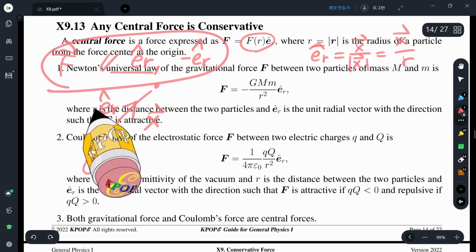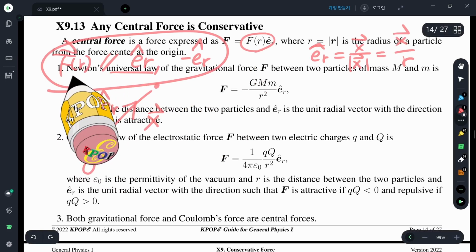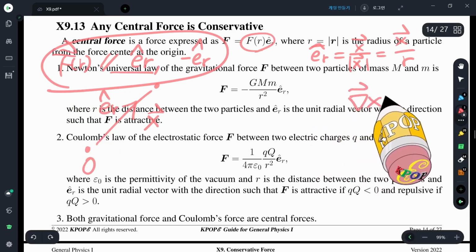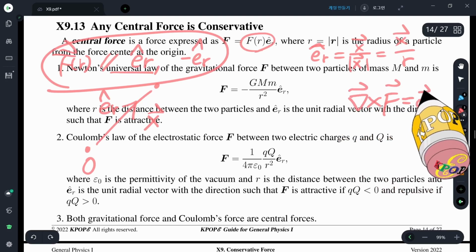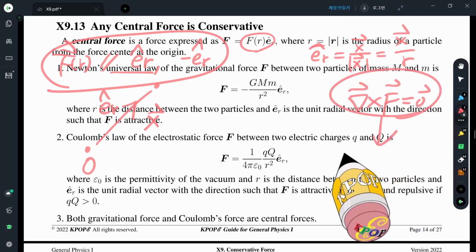This kind of force, whose strength depends on the radius and whose direction is along the radial direction, we say is a central force. And we find the curl of any central force is vanishing. Therefore, any central force is conservative.